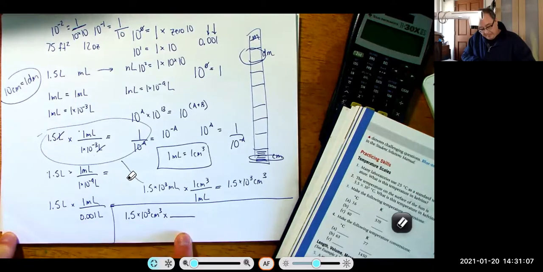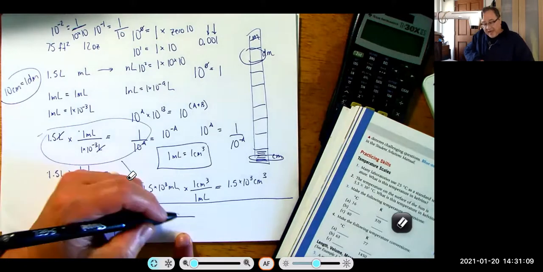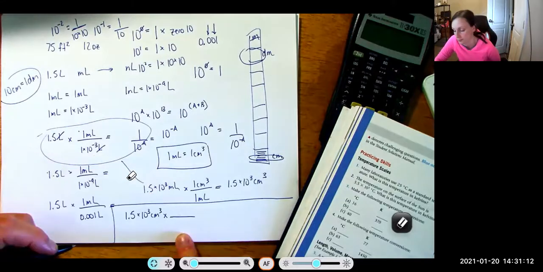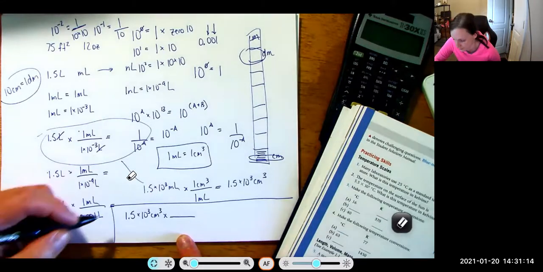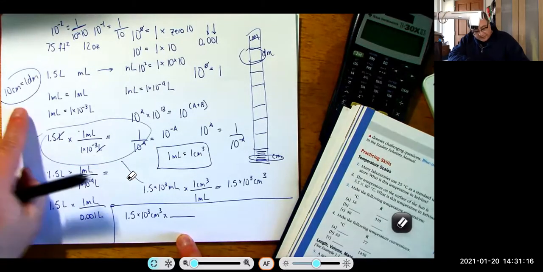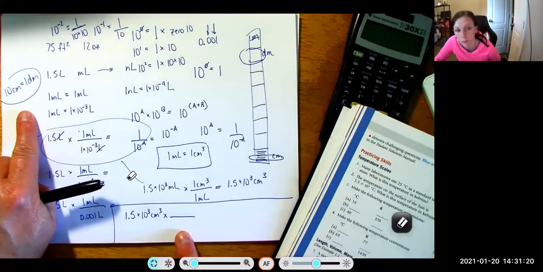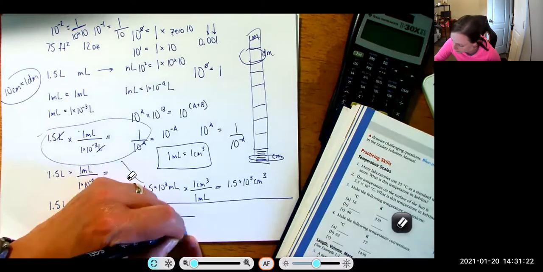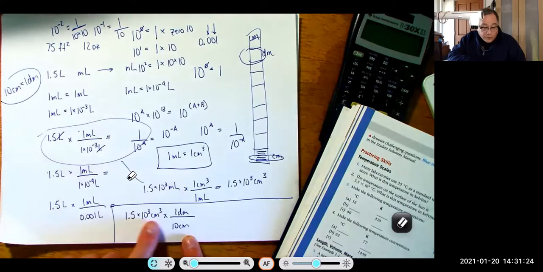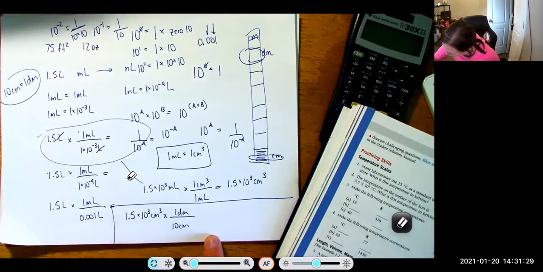So you're just writing it in scientific notation instead of 1500. Okay. So what am I going to do here? You put centimeters on bottom. Will that get rid of all 3 of these centimeters? No. So what do I do again? Do it 2 more times.